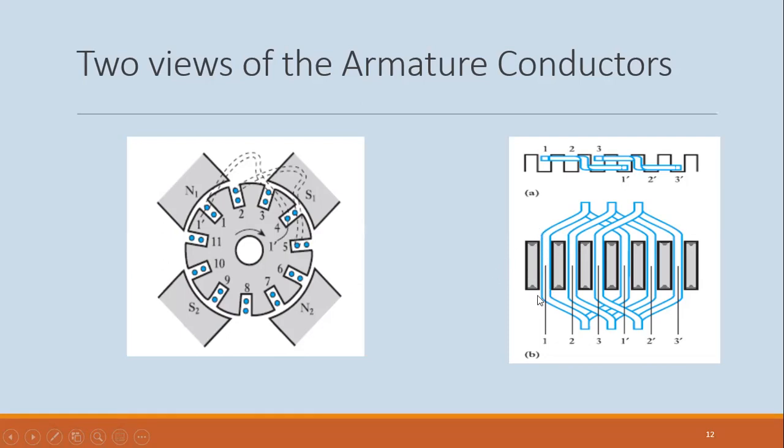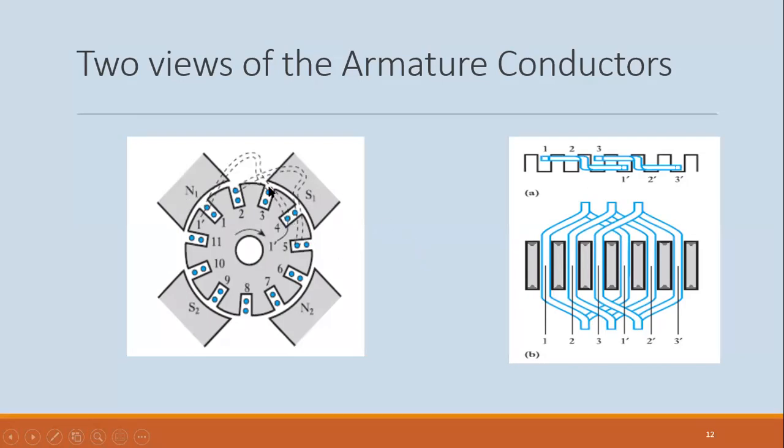If this conductor is under the North Pole, then the other conductor that joins with it to make the loop, the coil, is under the South Pole. We can see it right here also. Conductor 1 is under N1, and 1 prime is under S1.